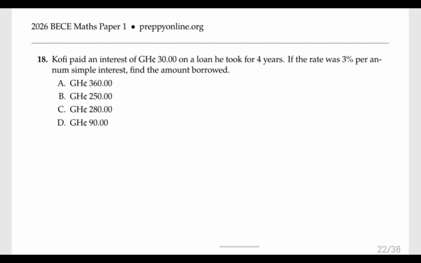The next question is question 18. Kofi paid an interest of 30 cedis on a loan he took for 4 years. If the rate was 3% per annum simple interest, find the amount borrowed. So the interest was 30 cedis.